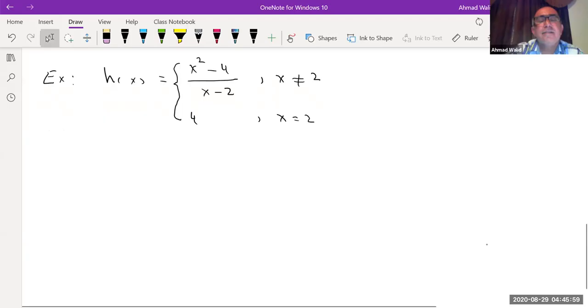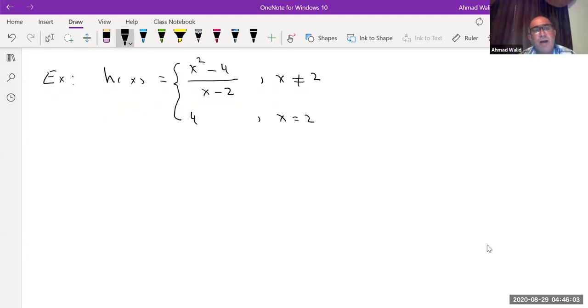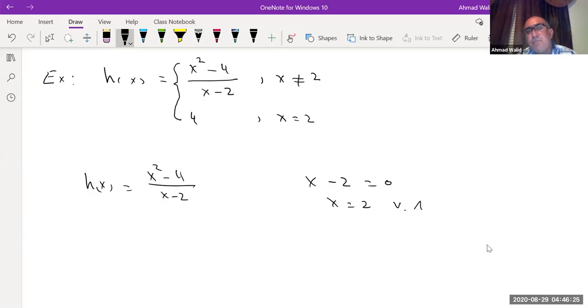Correct? First, copy your function number 1. You have h of x equals x squared minus 4 over x minus 2. X cannot take 2 because your denominator is x minus 2. If you make it equal to 0, x equals 2 is your vertical asymptote, right?